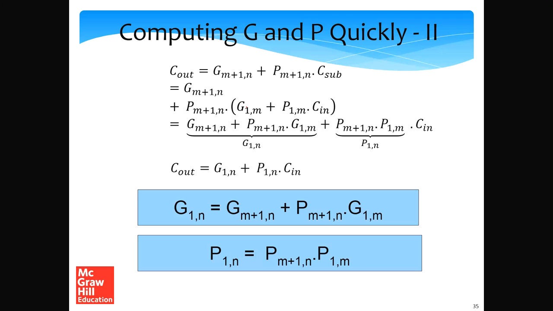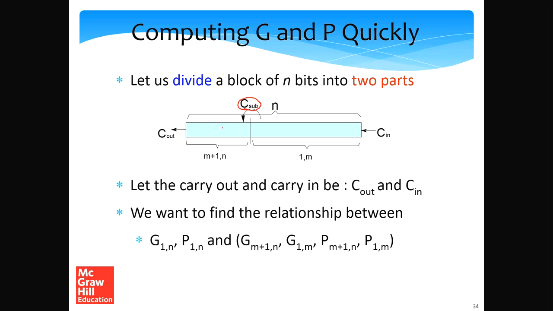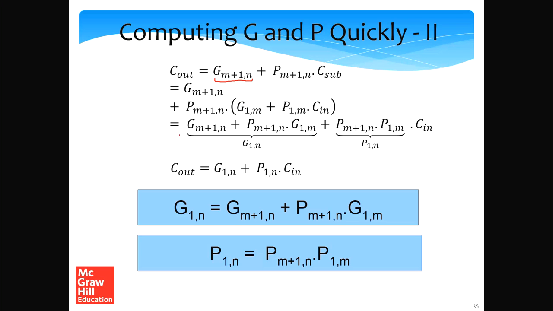So for the final carry out, how will we compute it? Either this block over here of n minus m bits is generating, in that case we'll have a carry out, or it is propagating the carry that has come from its right, which is C sub. That's the only two ways in which we can get a carry out.